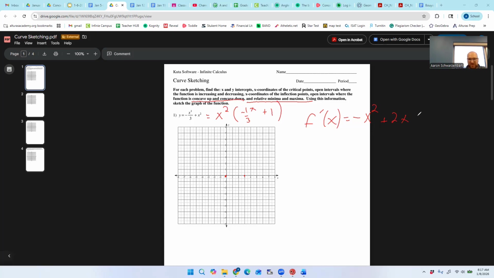Then bring the 2 in front, reduce the power by 1. So now I need to set this equal to 0. I'm going to factor out negative x this time. So I know 0 and 2 are my maxima and minima.